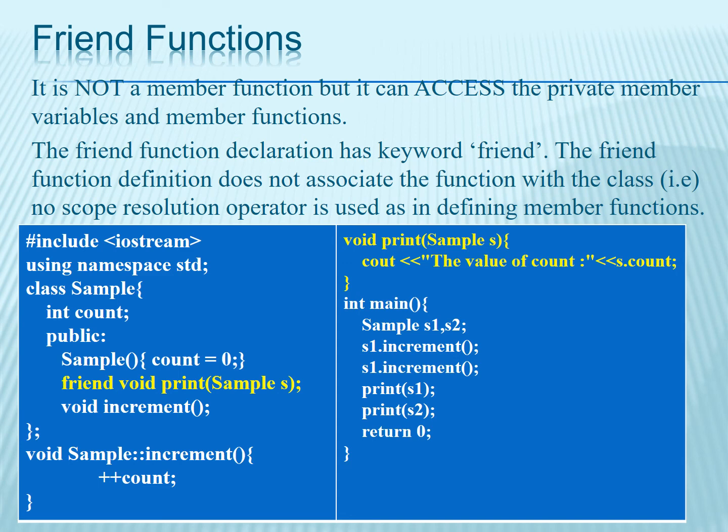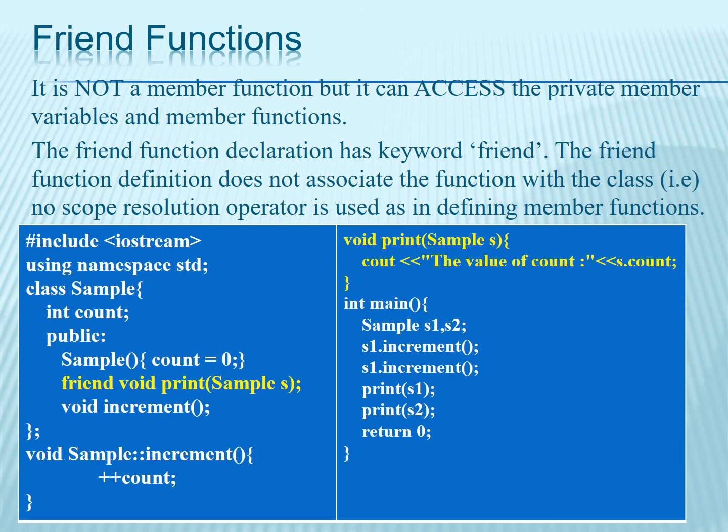Consider the example given here. The class sample has a friend function print that prints the value of the private member variable count. The declaration of the friend function print has the keyword friend followed by the return type of the function, and the argument is the object of the class to which it is a friend.